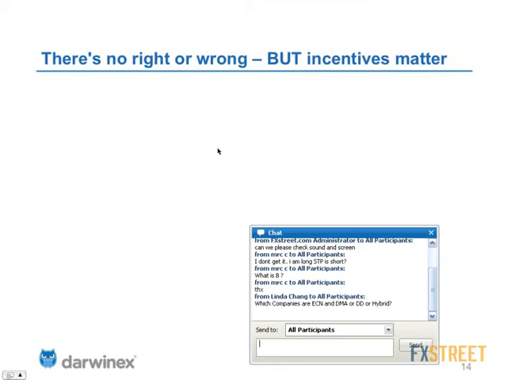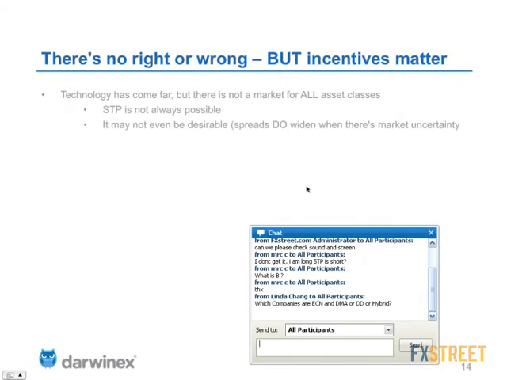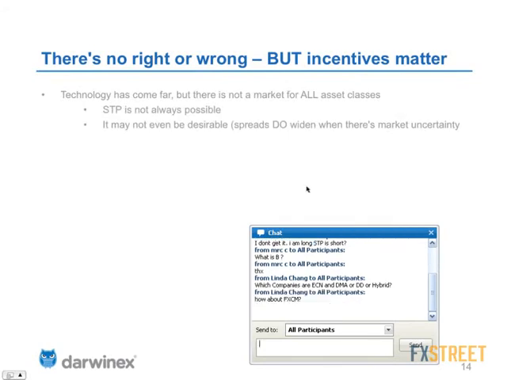But before that, I should say what you should be paying attention to. First thing is that the technology has come far. So FXCM, I think FXCM is an STP broker, to the best of my knowledge. But as I said, I think the best way to check is to go to their regulator's website.